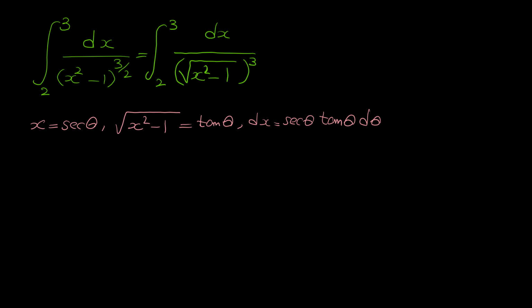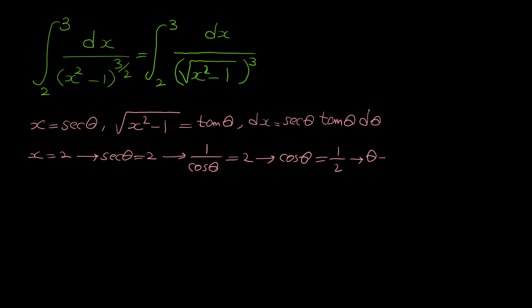Because we want to do this substitution, we have to update the lower bound and the upper bound of the integral. x is 2 to 3. When x is 2, secant is 2. Secant is 2, it means that 1 over cosine is 2, because secant is 1 over cosine. This means that cosine is 1/2. If cosine is 1/2, theta is pi over 3.